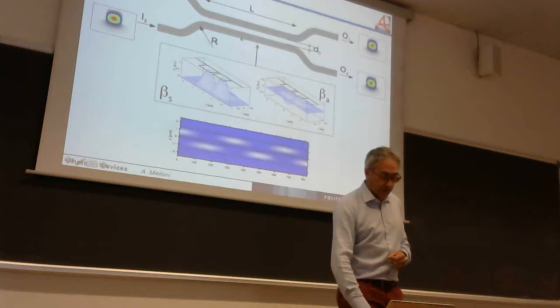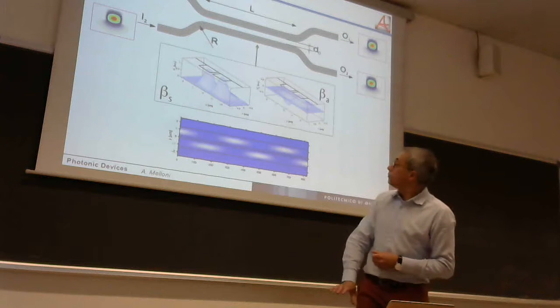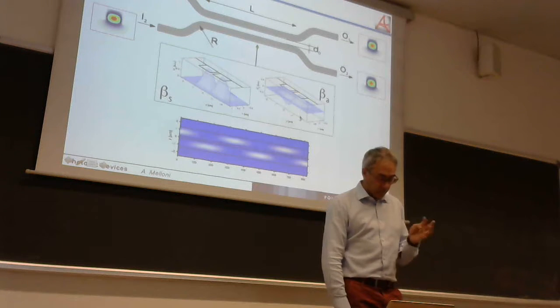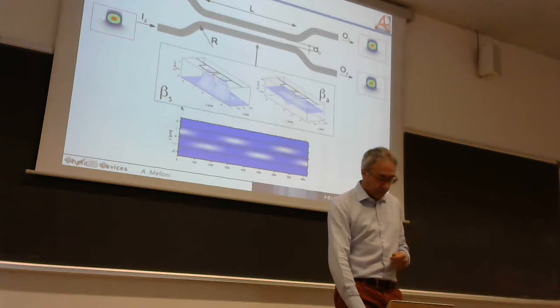This can be described as the two modes of the structure, the symmetric mode and the anti-symmetric mode, both with a different propagation constant, as every mode. You can think of this as a combination of the two modes of the waveguides.